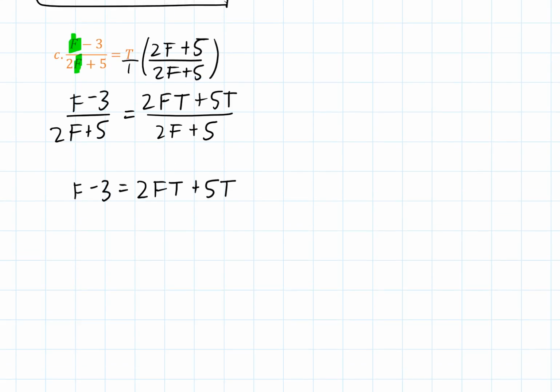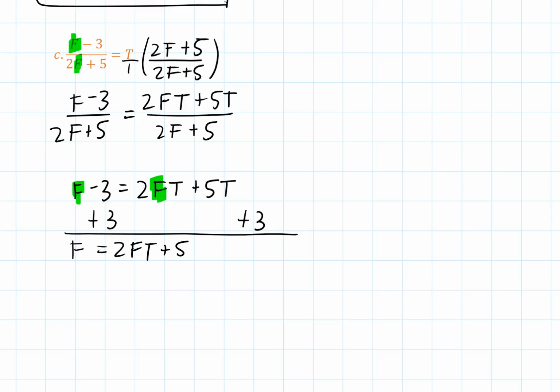Oh, interesting. Now I have f's on both sides of the equation. So let's get them on the same side of the equation. It does not matter which, but let's move all the other stuff. So I'm going to move the 3 to the other side. So I have f equals 2ft plus 5t plus 3. I want my f's on one side and everything else on the other side.